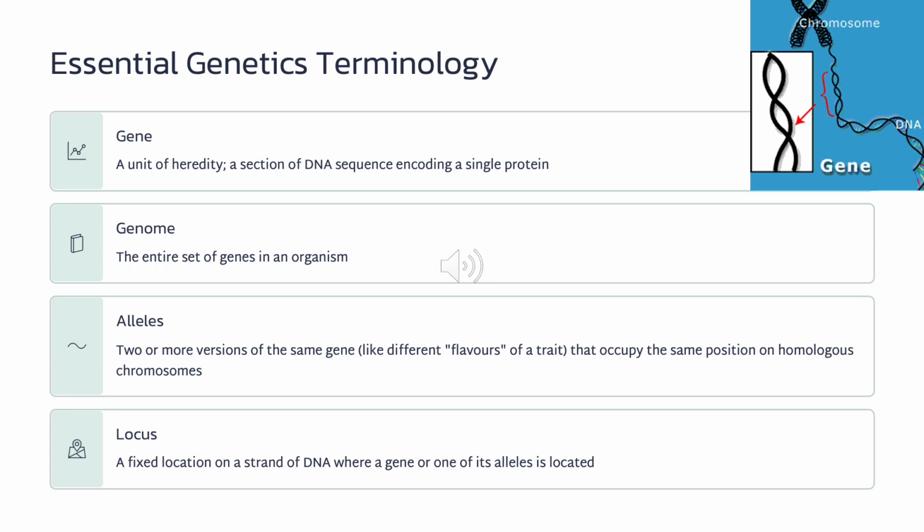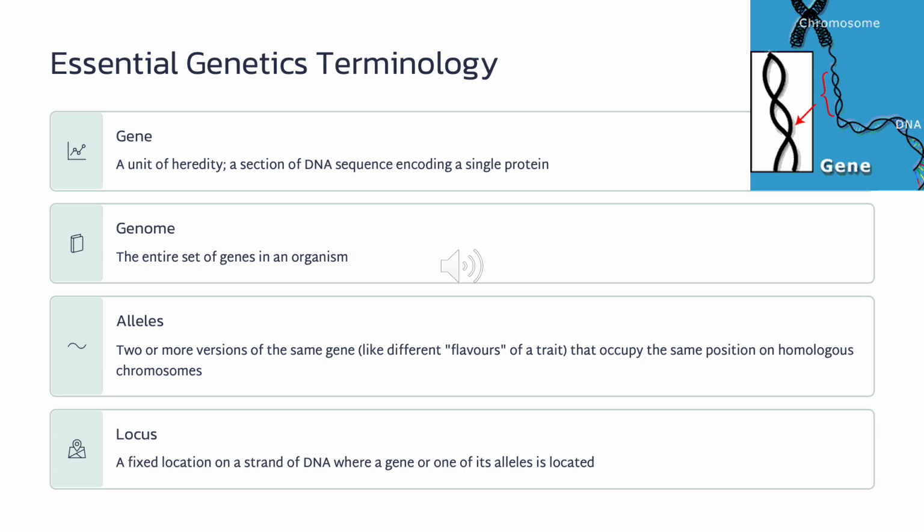A gene is a unit of heredity, a section of DNA sequence that encodes a single protein. So a gene resides within the genome. The genome is very big because the genome represents the entire set of genes in an organism, so the whole gene set that an individual organism could have.